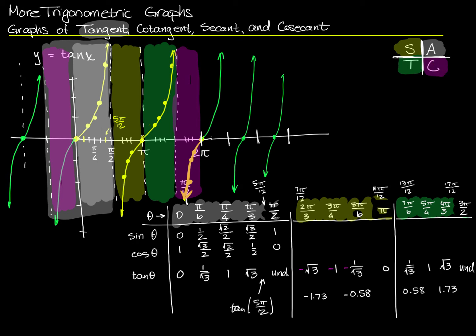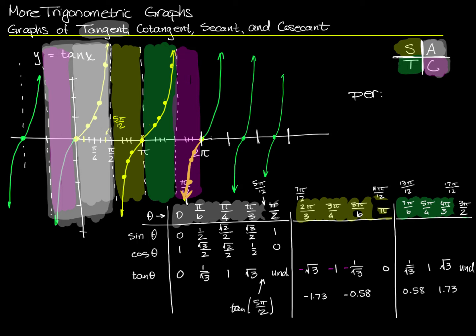And then I'll just use a white highlighter. Anyway, there you go. So this quadrant 4 to quadrant 1 is what we think of as the first primary, almost stereotypical, cycle of a tangent.